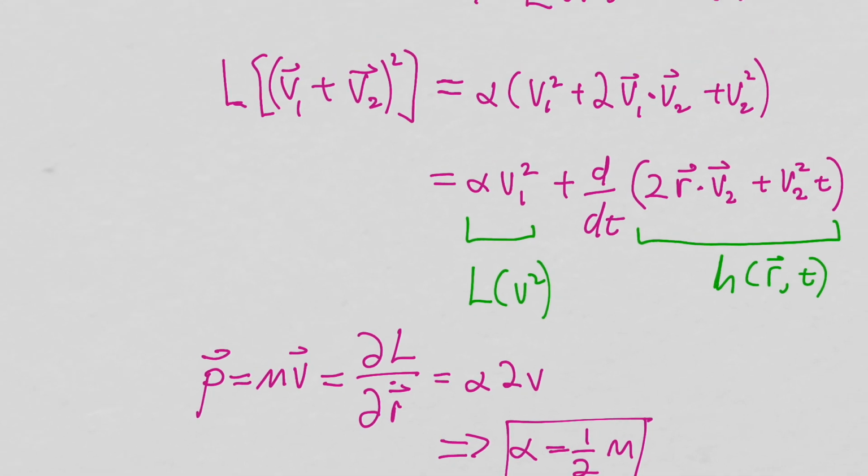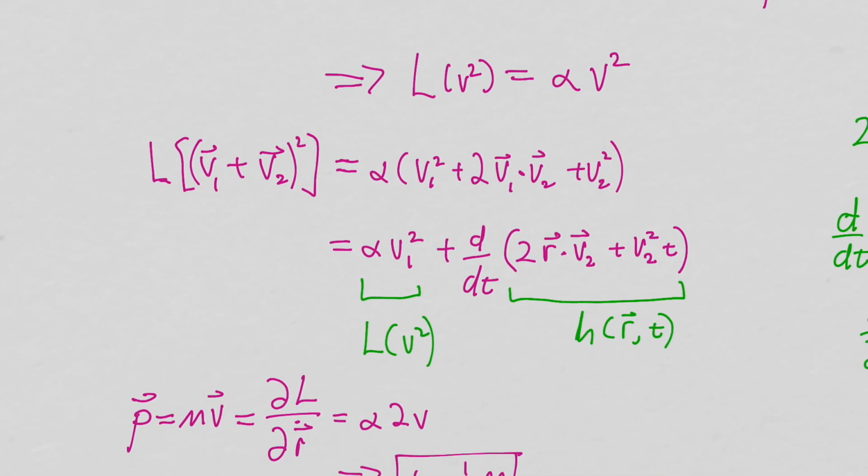And just for completeness, if we look back here, imagine taking the Lagrangian of the sum of two velocities, right? The velocity of, say, the particle and then the velocity of the reference frame transformation. This becomes alpha times (v1 plus v2) squared, which is this vector expression here. And that becomes alpha v1 squared, which is our original Lagrangian. And then I can find an h of position and time such that its total time derivative equals what's left, right?